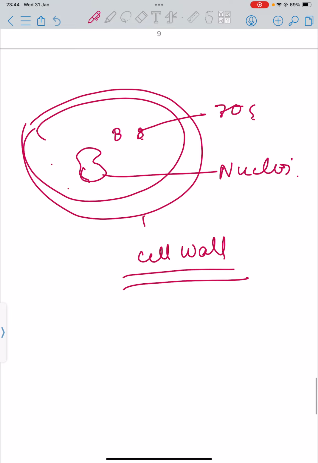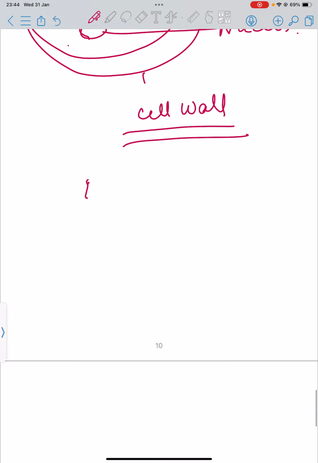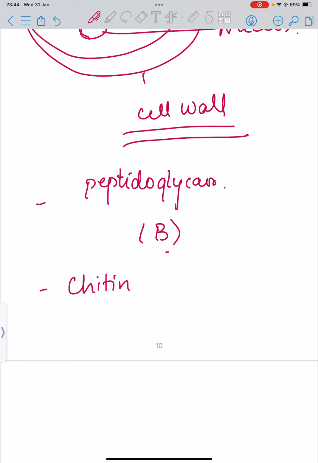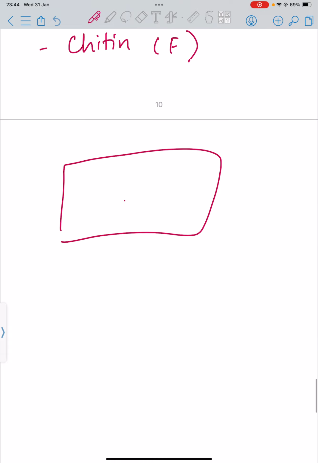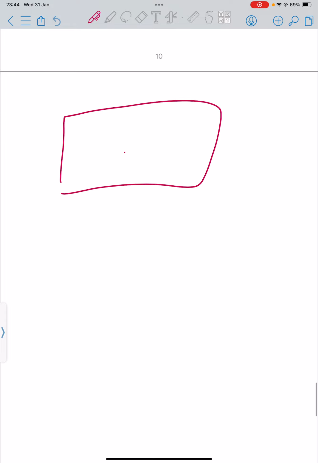So cell wall basically has peptidoglycan in case of bacteria, and mind you, chitin in case of fungi. Now cell wall, what is it made up of? Depending on the cell wall we can classify bacteria into two types: gram positive and gram negative.